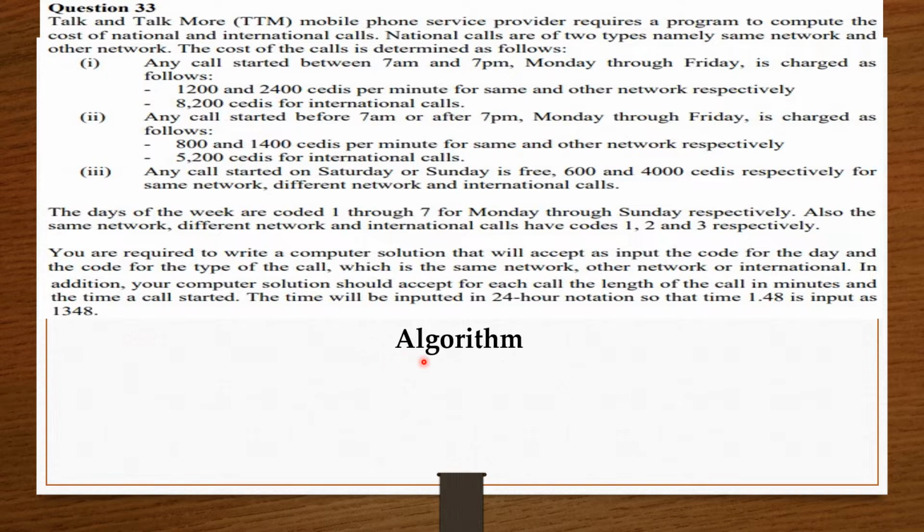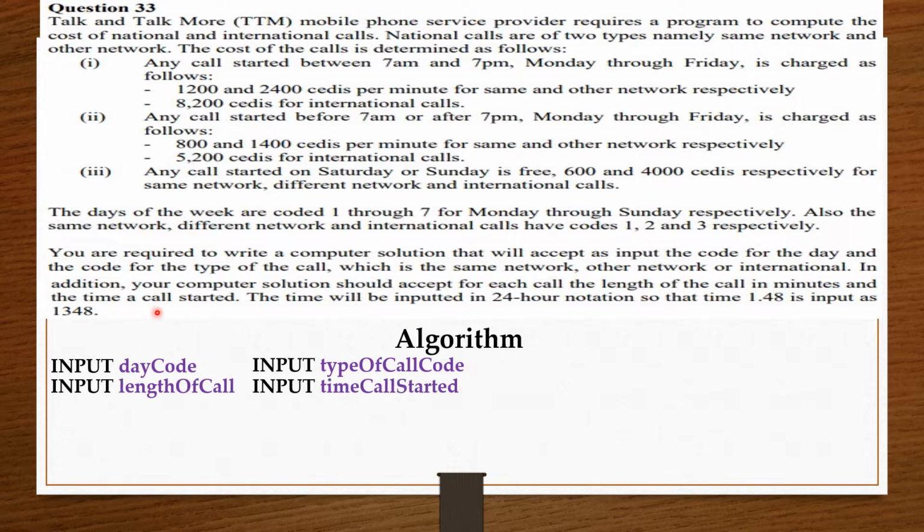So, to the algorithm. From the question, we are to accept as input the code for the day, the code for the type of the call, the length of the call, and the time a call started. Again, according to the question, any call started between 7 a.m. and 7 p.m. Monday through Friday is charged as follows.